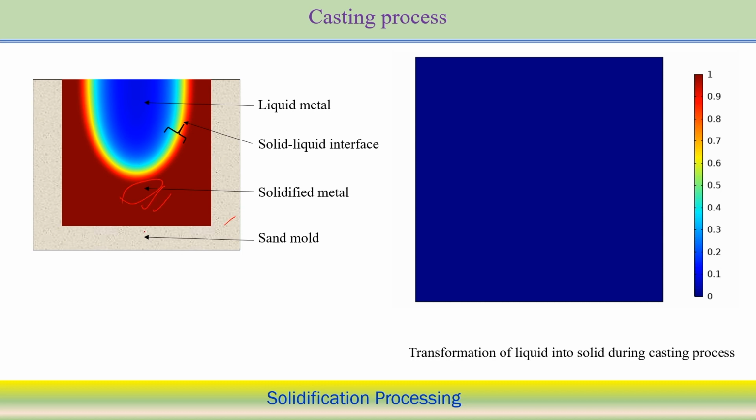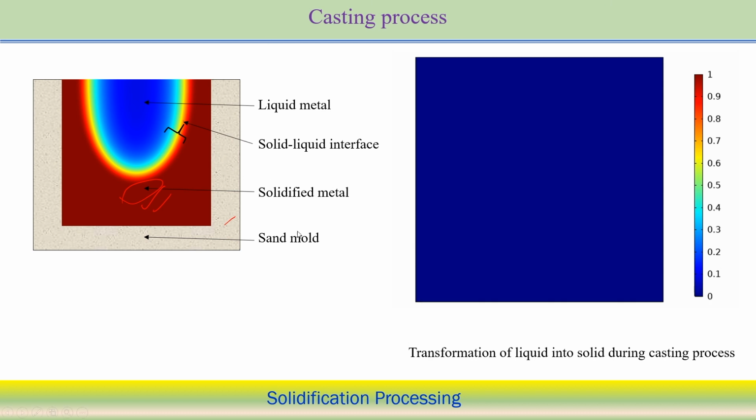It is initially filled with liquid metal, and at a particular time, this is the solid liquid interface, and here is the liquid metal, and this is the typical solidification process associated with casting. So, the center liquid metal is there, and some solid liquid interface will also be there, then the solidified component, and outward it is held by the sand mold.